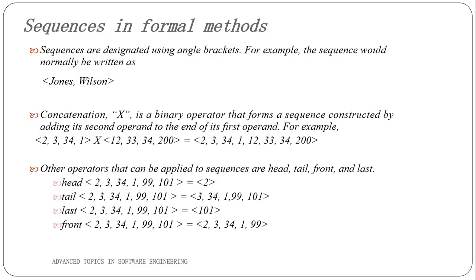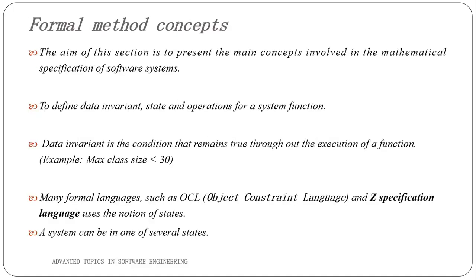Last is the last element of the sequence, and if you apply the front operator over this, then it will give me the elements from the starting of the sequence up to the second last element. So what we did till now is basically the mathematical concepts that are used in formal methods when we are declaring these particular formal methods in software engineering.